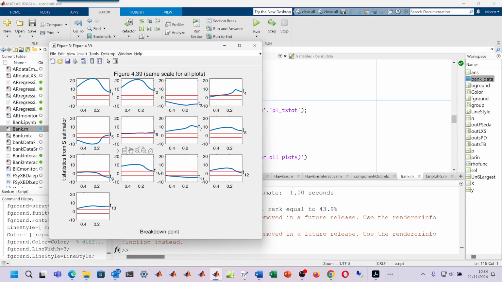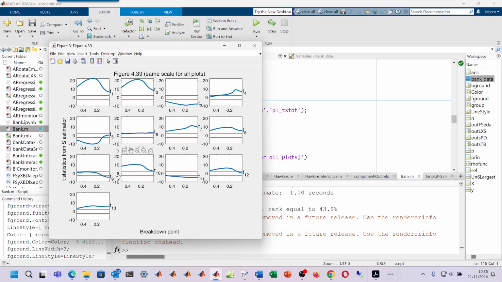Moreover, it is interesting to compare T9 with T11. T11 has a value, this explanatory variable has a value of the T statistic which is always negative and significant. On the other hand, the value of T9 was marginally significant and positive.